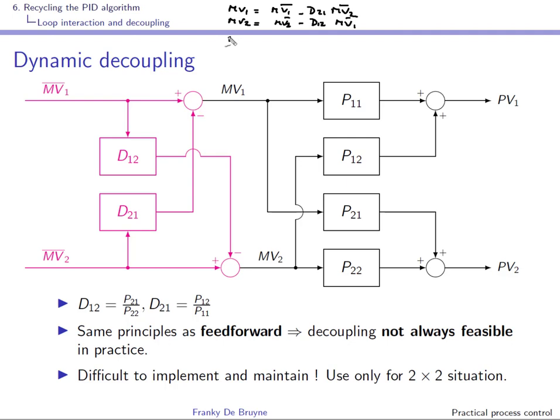So PV1 is P11 MV1, so we can plug this expression in, and plus P12 MV2, and we can of course plug in the other expression, so MV2 bar minus D12 MV1 bar.